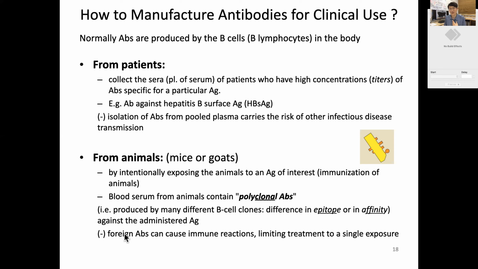The caveat here is that foreign antibodies can cause immune reactions. It may limit treatment to a single exposure, because one single exposure will cause the human body to create lots of antibody against this animal antibody, so that it may cause an immune reaction next time.